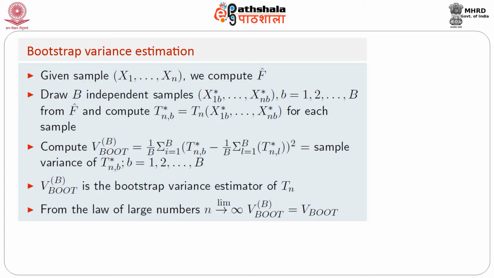So, V boot B is the bootstrap estimator of the variance of Tn, and it can be seen from the law of large numbers that as B tends to infinity, V boot based on B samples tends to V boot.